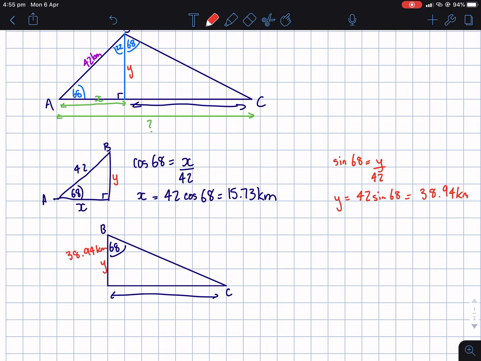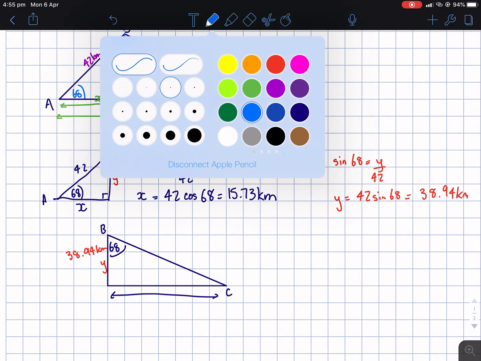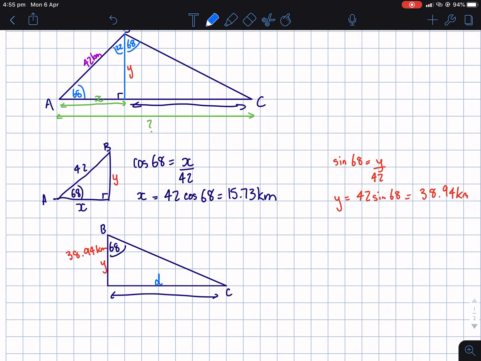Now I do have enough information to find this side length, and I'm going to call that D, because tan 68 equals opposite over adjacent. So D equals 38.94 tan 68, which is 96.38 kilometres.